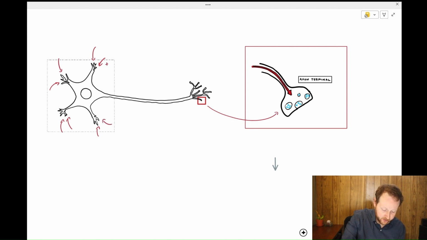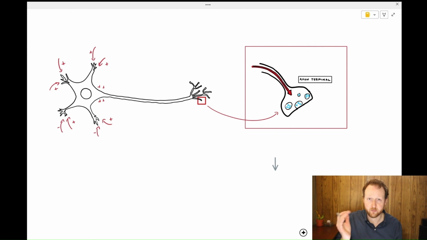And some of this information is going to be excitatory, some of it may be inhibitory, but certainly once enough excitatory information is received by this dendrite, the positive charge is going to increase, and once it does, ion channels are going to start opening up in the axon, and once ion channels start opening up at the base here, positive ions are going to move into the axon, further increasing its charge to be more positive, and as this happens, the ion channels next door open up, more positive ions rush on in, and this will happen and run all the way down the length of the axon.